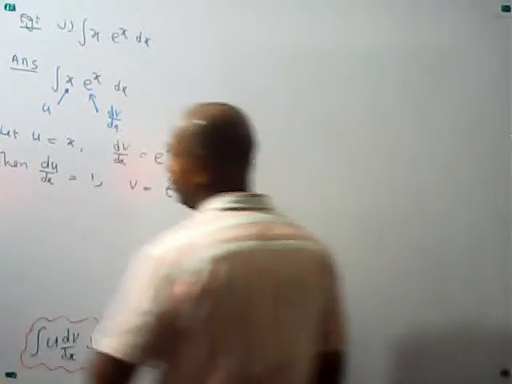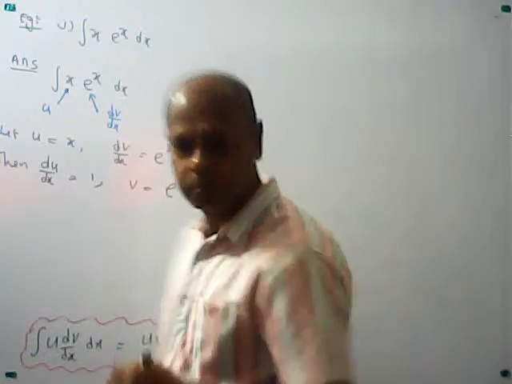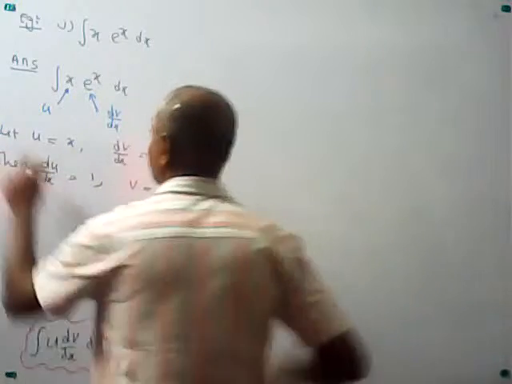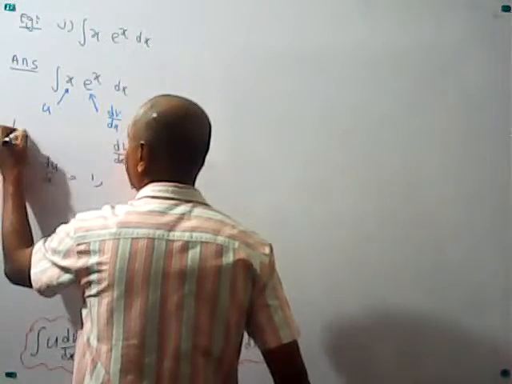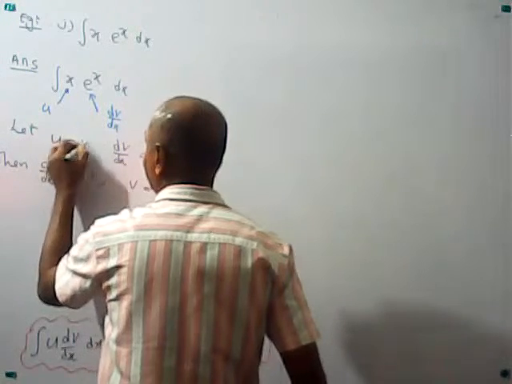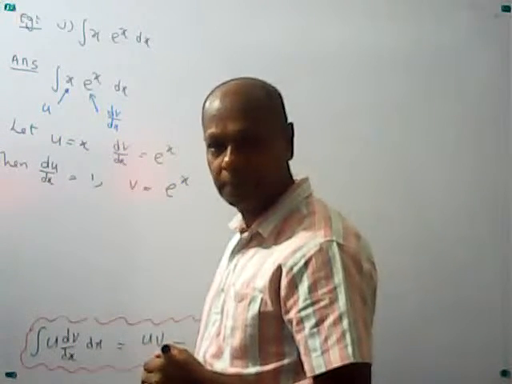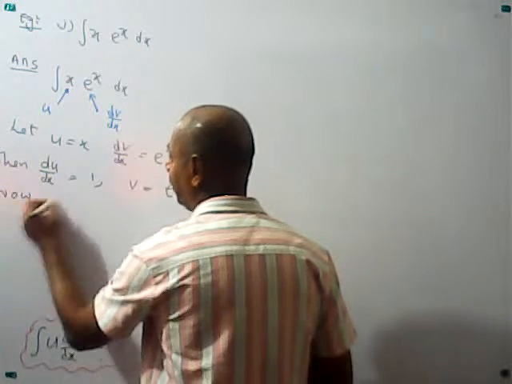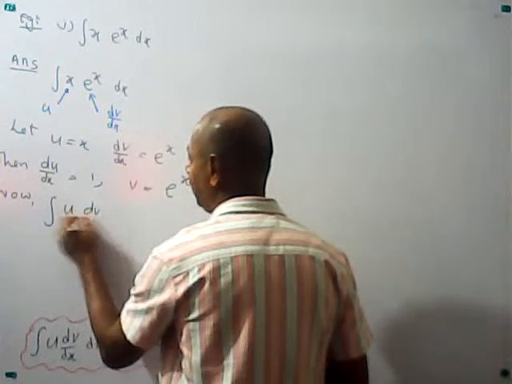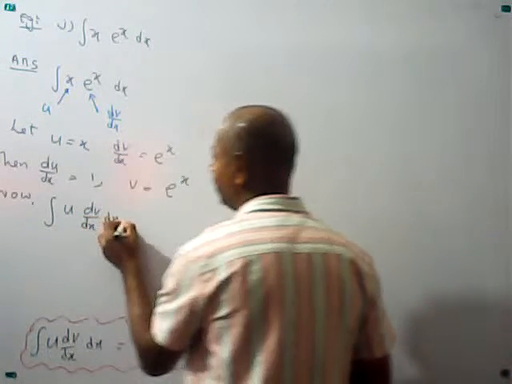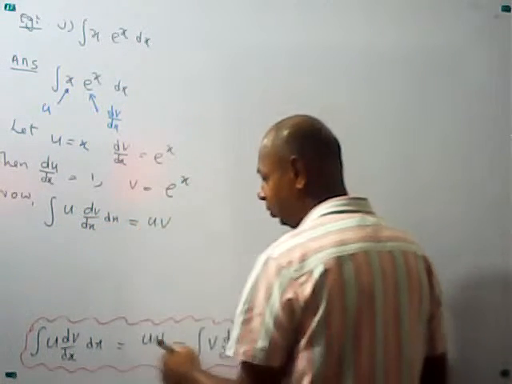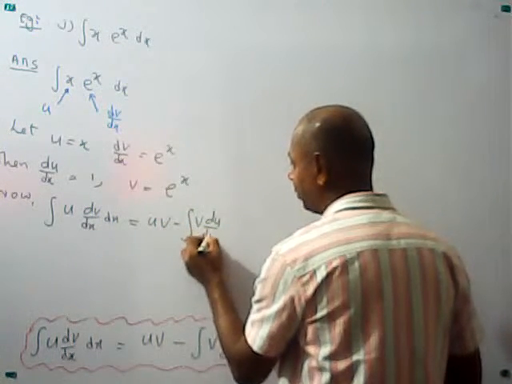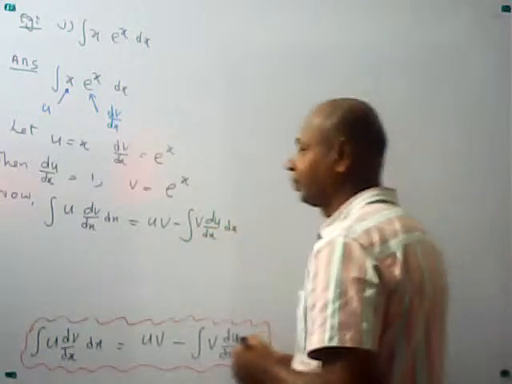Now we write the formula: the integral of u dv by dx dx equals uv minus the integral of v du by dx dx. Okay?